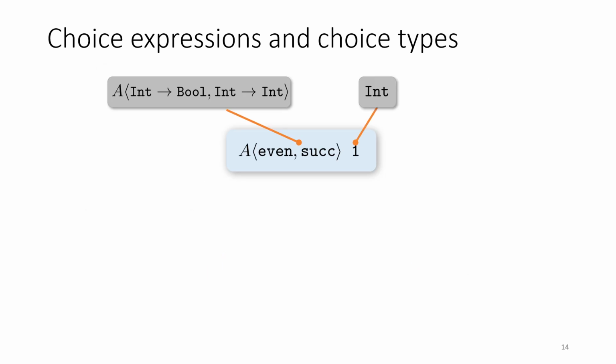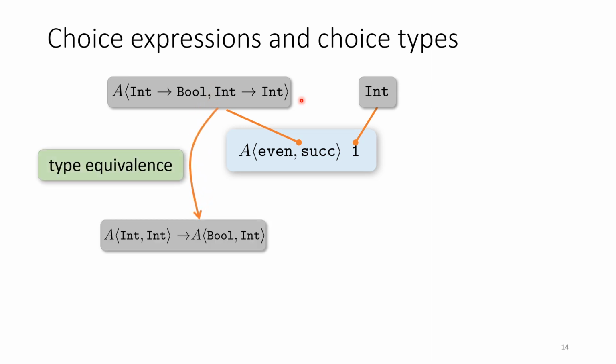Now let's see how we can assign types to choice expressions with choice types. Since this sub-expression contains a choice, it's natural that its type is also a choice over 2 function types for the respective functions. For the application to go through, we have to transform this type into a function type. We can do that through this type equivalence transformation, which essentially lifts error types out of the choice types.